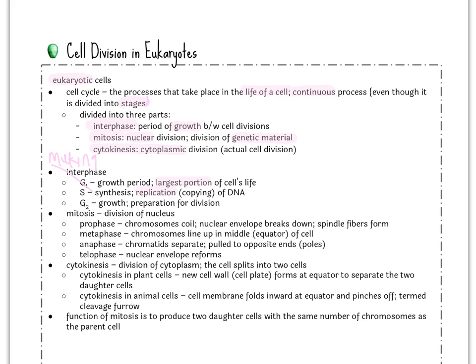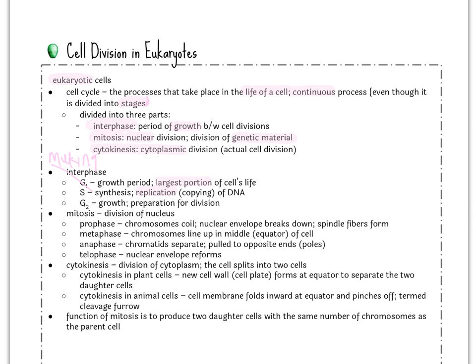So if we remember that mitosis is when the nucleus divides and everything in the nucleus divides, in order for each cell to have the right amount of genetic material, it has to duplicate first, and then it can divide. So in interphase is when it duplicates, when the genetic material is replicated.